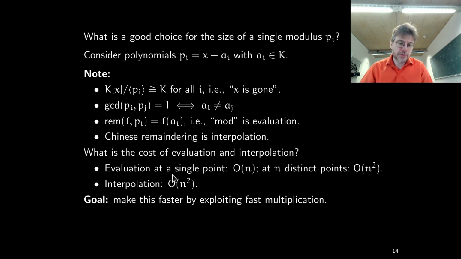And for the interpolation, in the end, we have the same problem, that the standard algorithm takes quadratic time. Quadratic time is much, and we want to improve this as well. I've already pointed out that the classical complexities, like the ones that are stated here, are based on the assumption that you are using the classical multiplication algorithm, which takes quadratic time.